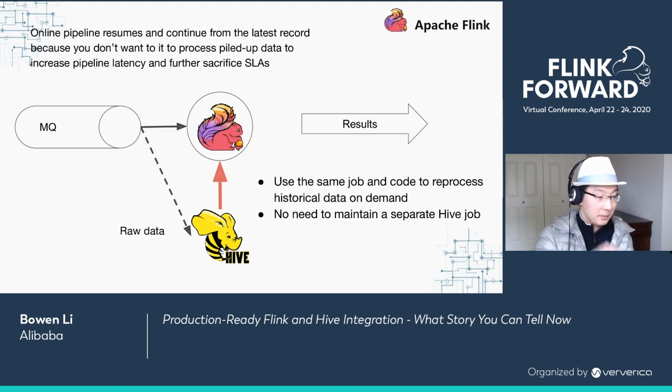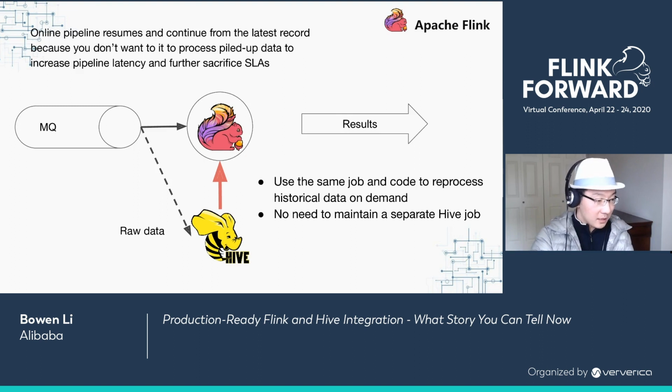Here are some interesting observations we saw. When you see a Flink restart, you would normally think, hey, why don't you use Flink to reprocess the data that has been missing in the pipeline, right? Basically rewind to the last successful checkpoint and resume from there.